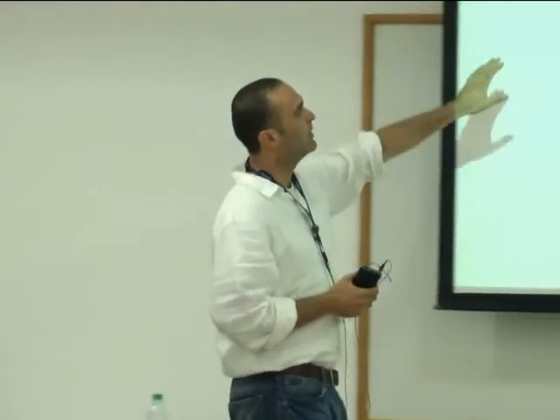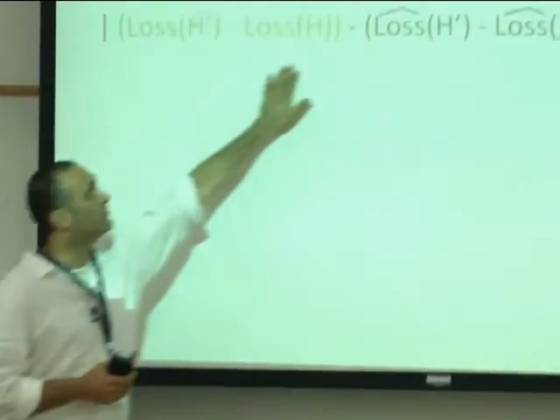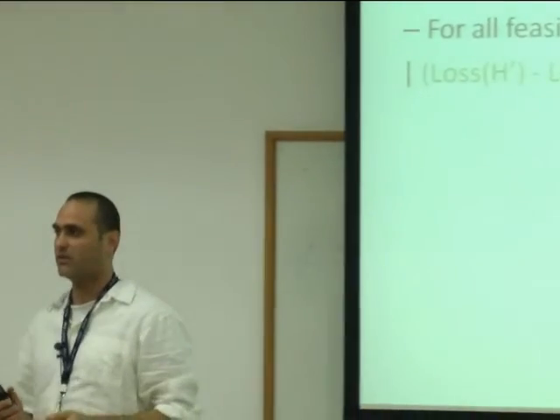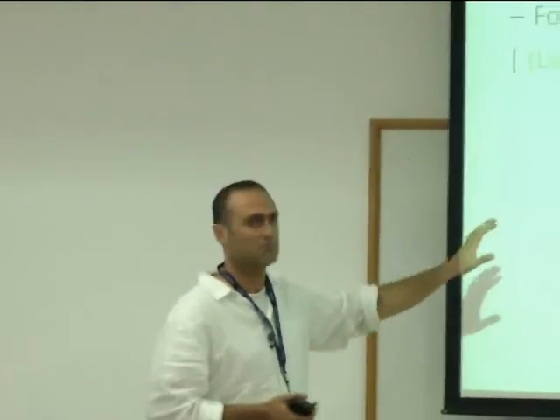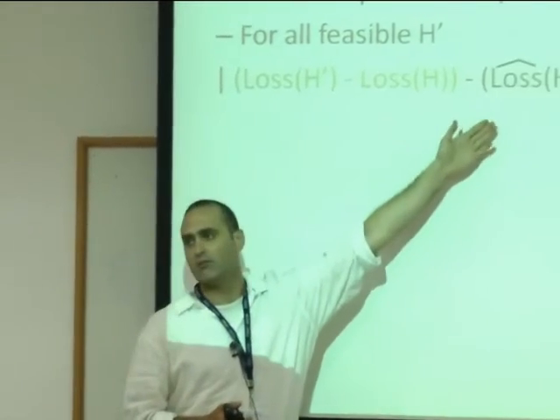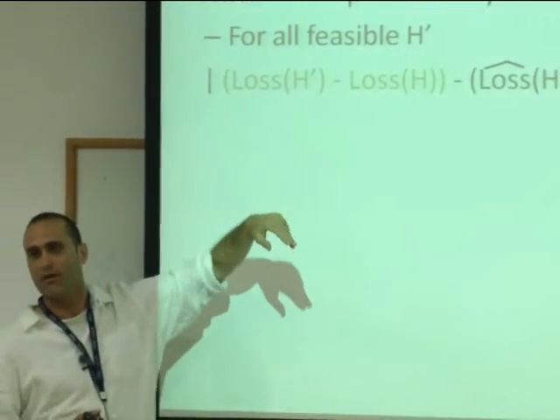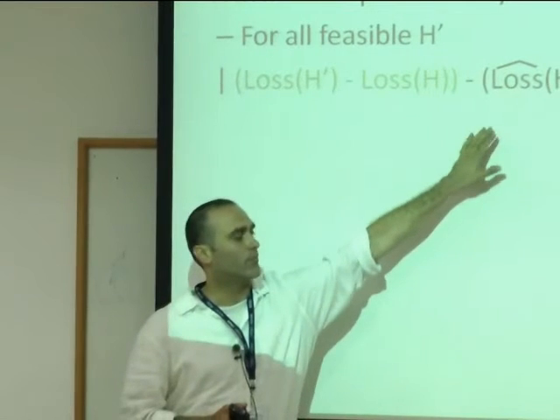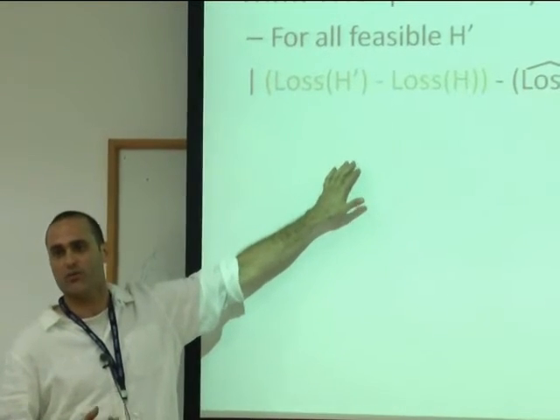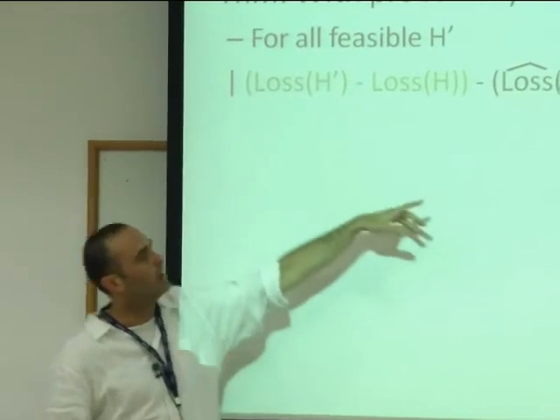This expression is the empirical version of this expression. It's an unbiased estimator of that. Then you measure how far the empirical number that you compute is from the actual thing you want to compute.